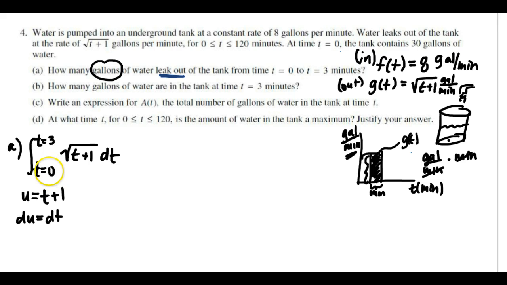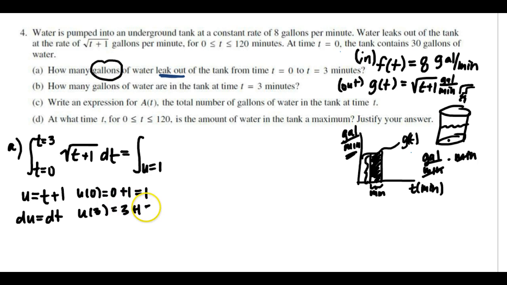If I substitute in 0, u of 0 is 0 plus 1, so my new limit would be u equals 1. And then u of 3 would become 3 plus 1, so u equals 4. And t plus 1 becomes u, and dt becomes du. So now I don't have to care at all about the original integral.